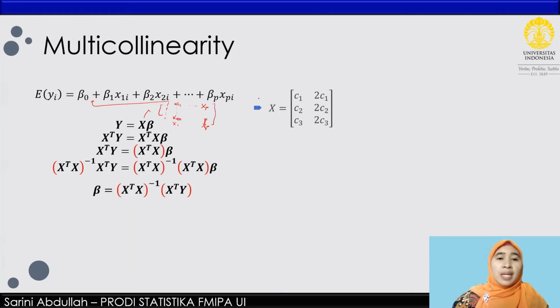To keep it simple, let's have the matrix X like this to illustrate that there is one column, and the other column is a multiple of that column.